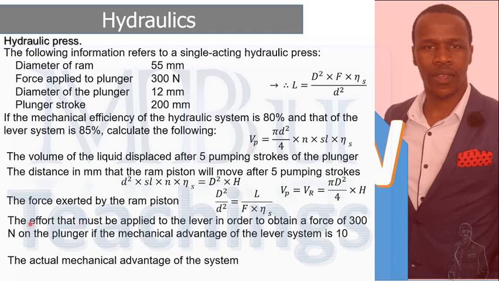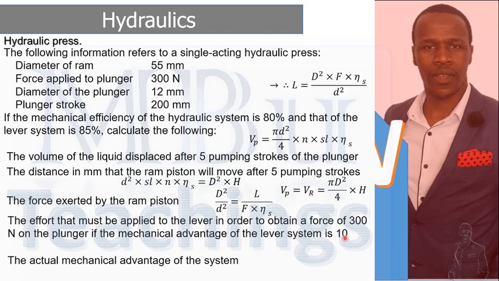Let's move to the next question, which says the effort that must be applied to the lever. Now they are talking about the lever, and we have the efficiency of the lever, in order to obtain a force of 300 newtons. Okay, so it's the same force on the plunger if the mechanical advantage of the lever is 10.